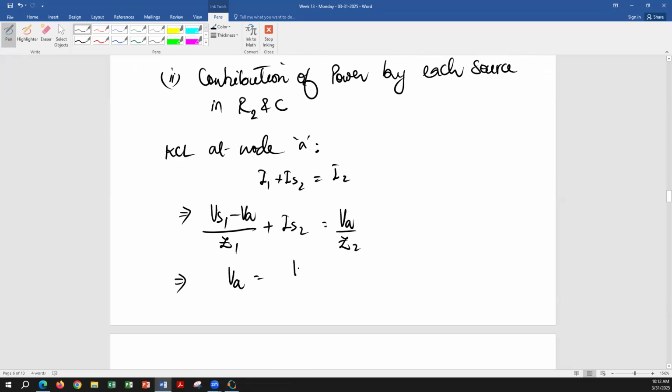On the left hand side, we will be left with VS1 over Z1 plus IS2. And on the right hand side, we will have VA over Z1 and VA over Z2. So the common factor is going to be VA, and if we divide it, then it's going to be 1 over Z1 plus 1 over Z2. So VA is equal to VS1 over Z1 plus IS2, divided by 1 over Z1 plus 1 over Z2.